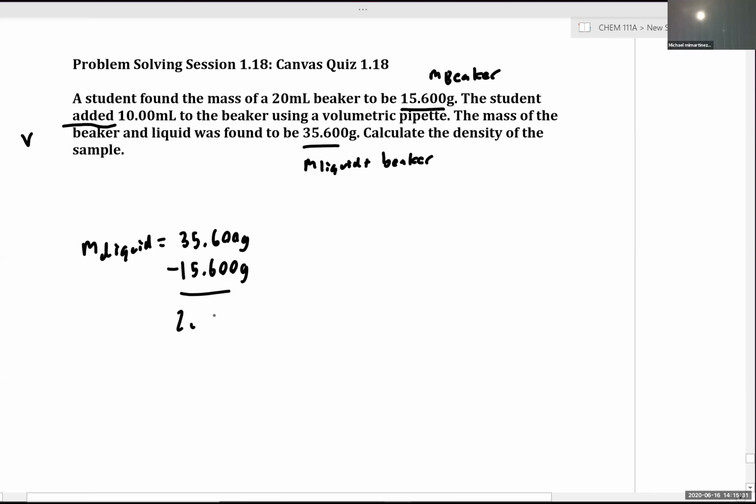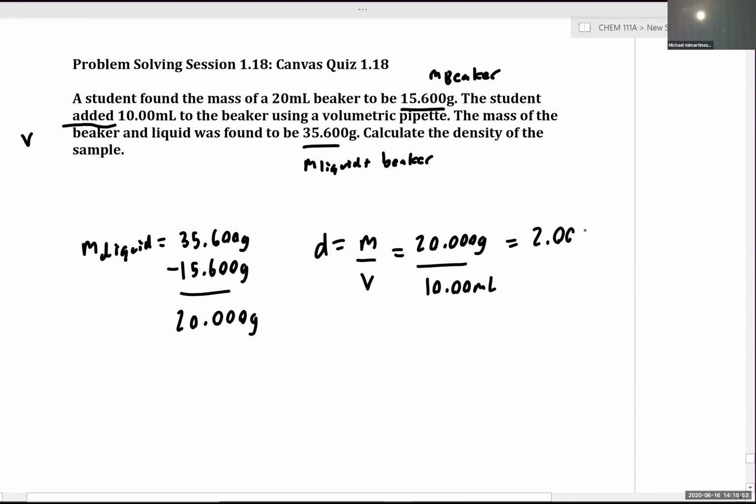That in turn gives us 20.000 grams. Now we know density is equal to the mass of liquid over the volume of liquid. So we take 20.000 grams over 10.00 milliliters, and that in turn gives us 2.000 gram per milliliter, respecting the fact the top number has 5 sig figs and the bottom number has 4 sig figs.